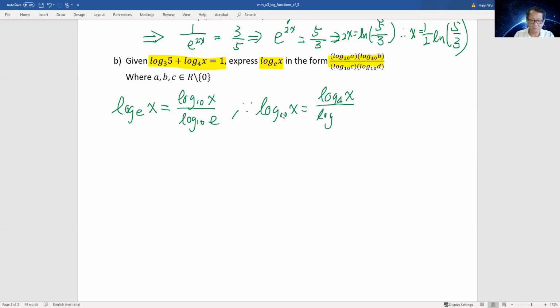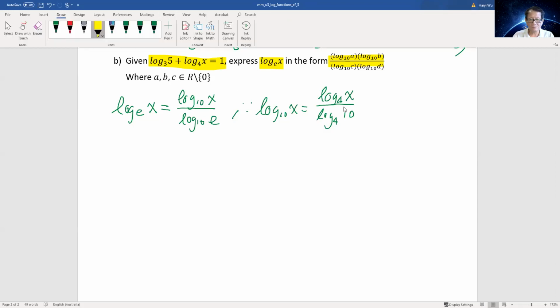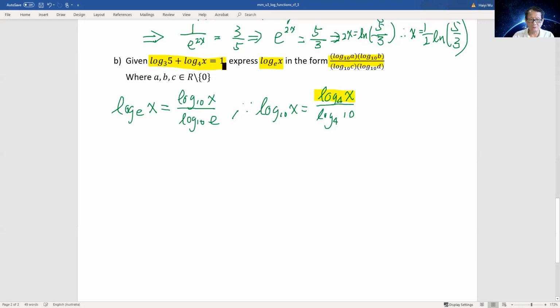Why? I'll show you in a minute. Have a look at the reason I changed to base 4, because I want to match this one with this one.